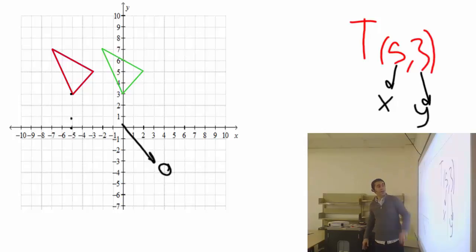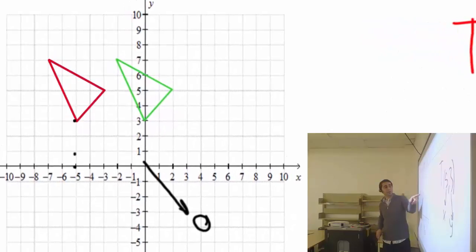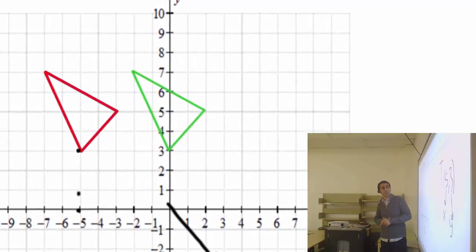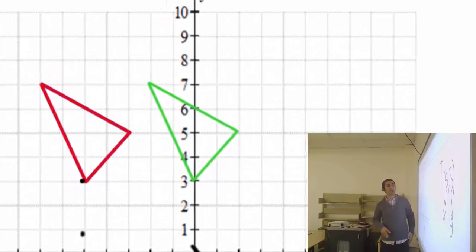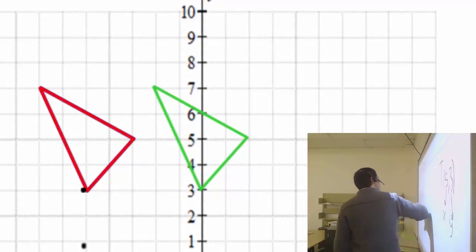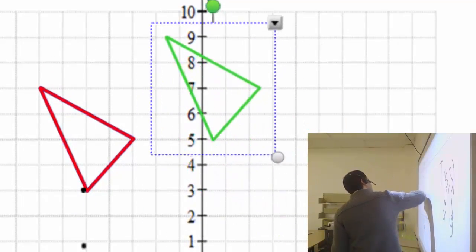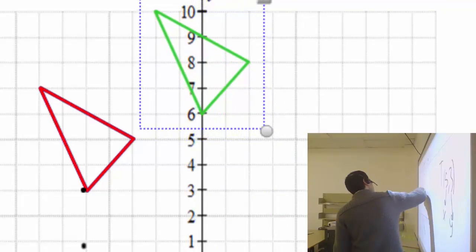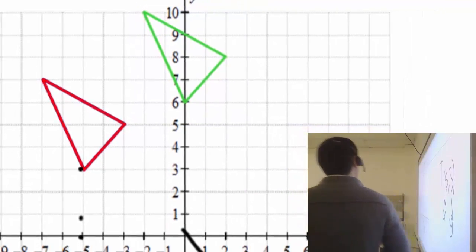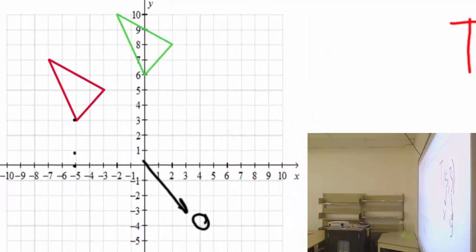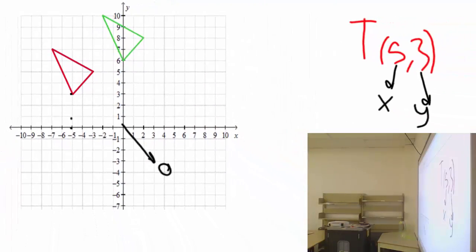So I'm going to translate 3 units up. Before I pick up that point, it doesn't matter which one you pick. It passes through 6, 3 units up. It will be passing through 9. So the red triangle translated from wherever the position is by 5 and 3.